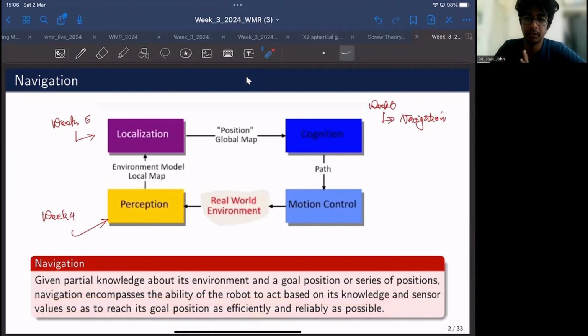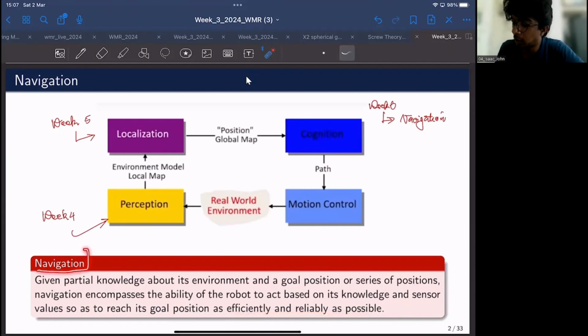It's a lengthy sentence, but this more or less captures the idea that we have just discussed. So if the robot knows its position and wants to go from its start position to a goal position, navigation covers all the courses of action that take the robot from the start position to the goal position in a way that is as efficient and reliable as possible.